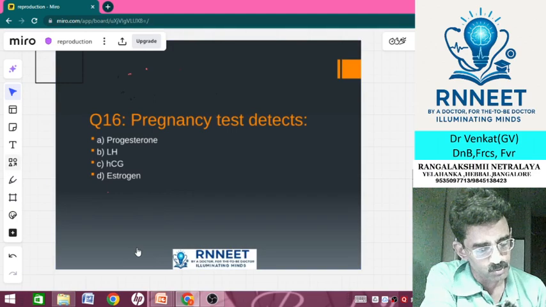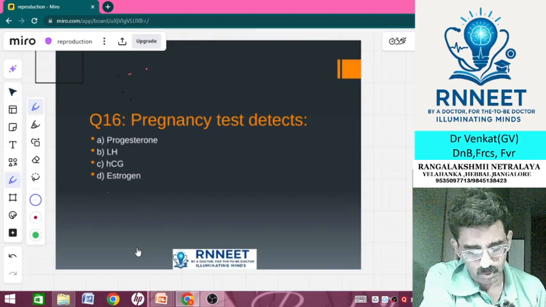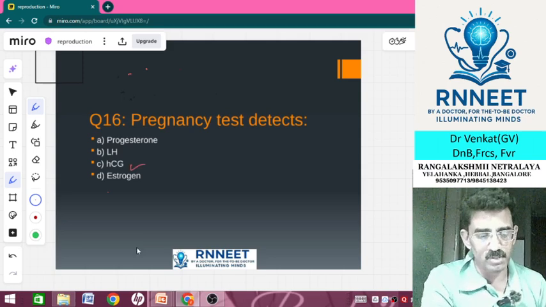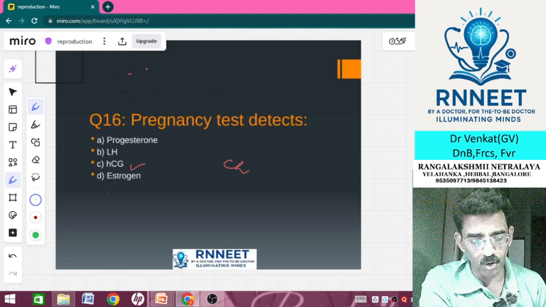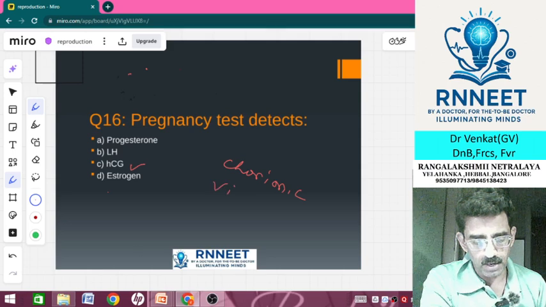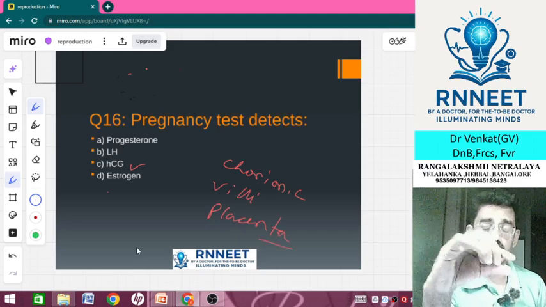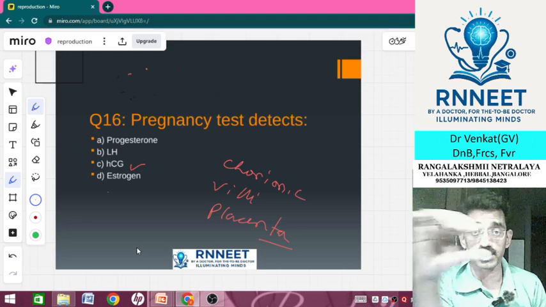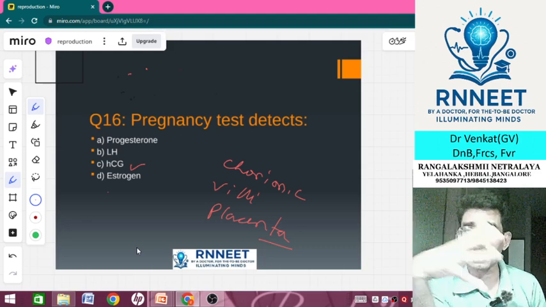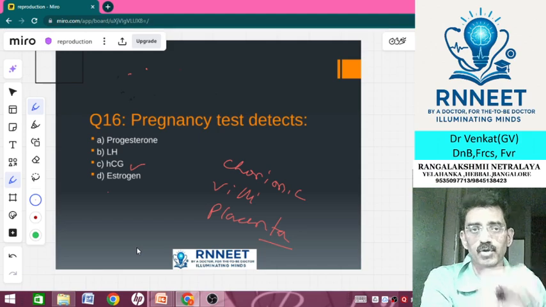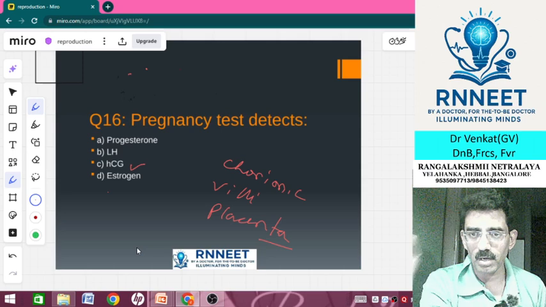So that is what you will have to remember, and that is the answer. In the placenta you get these small finger-like projections, and these are responsible for the formation of HCG. Okay, right.